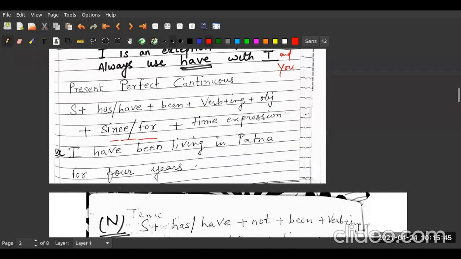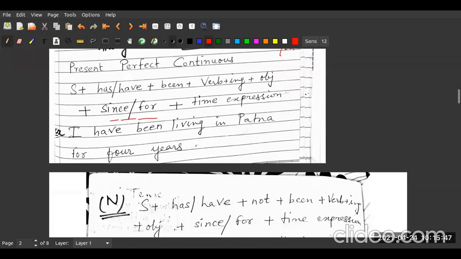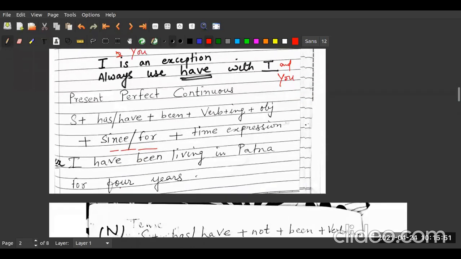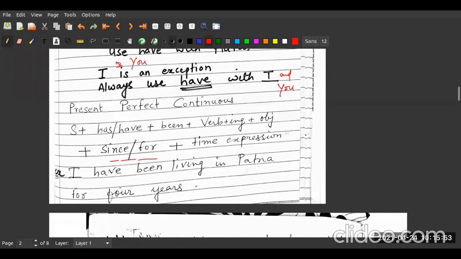In the first sentence you just change the word order, जो हमारा basic sentence है present perfect continuous का. ये जो है बेसिक सेंटेंस में बस 2 वर्ड को आगे पीछे करना, हैव को पहले कर देंगे, आई को बाद में, तो ये हमारा इंट्रोगेटिव हो जाएगा. हैव आई बीन लिविंग इन पटना फॉर 4 years.